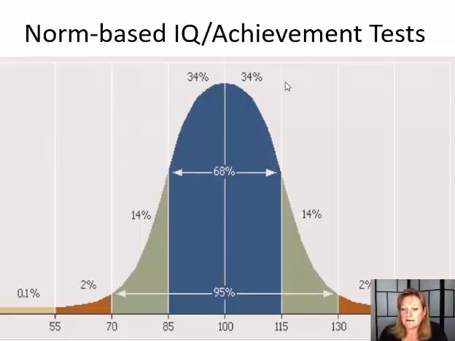Once you get past that, you get into the next standard deviation, or measure of difference. So between 115 and 130 IQ, you're going to only have about 14% of the population fall within that range of IQ. Okay, when you get above 130, only about 2% of the population will have an IQ that's between 130 and 145, and a very small percentage of the population will have an IQ score that's above 145.